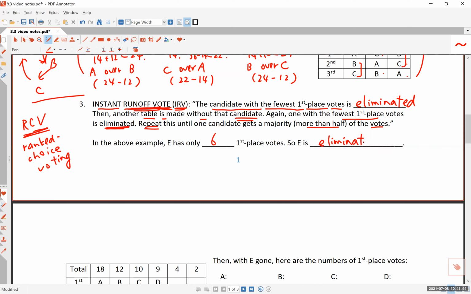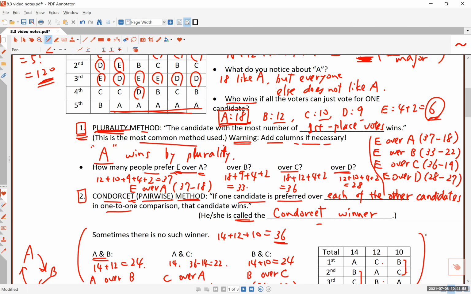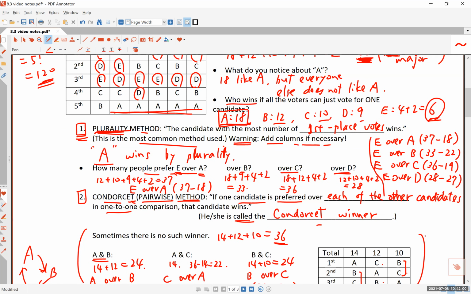Did you see what's happening here? Because E only had 6 first place votes, E gets eliminated first in the instant runoff voting, which is very unfortunate because remember, in the Condorcet pairwise method, E actually beat everybody else. So E was not a bad candidate.